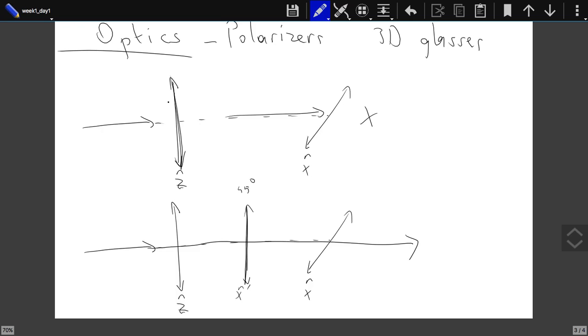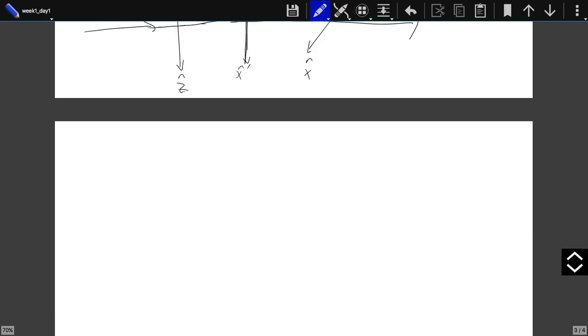You see, this perpendicular plane is the XZ plane. So the polarization, let's say the electric field after the first polarizer, in general, will have this form: E0 times cosine(ky minus omega t).